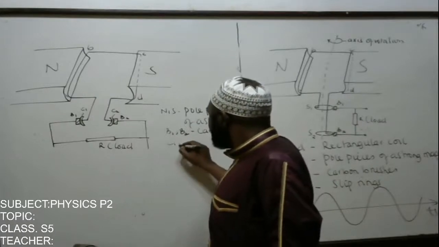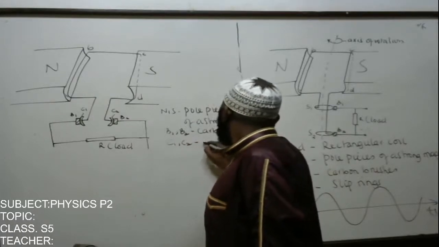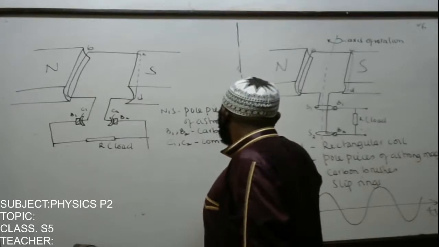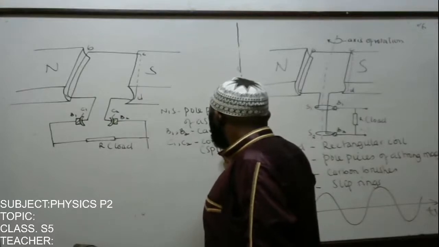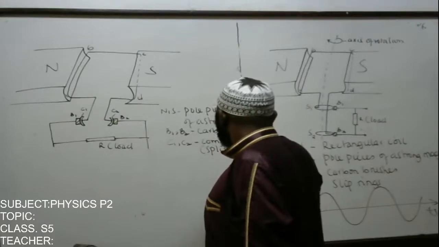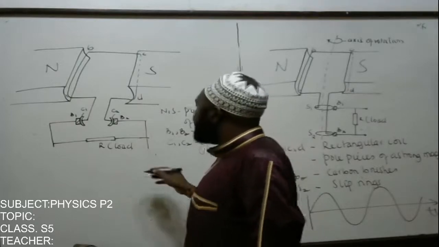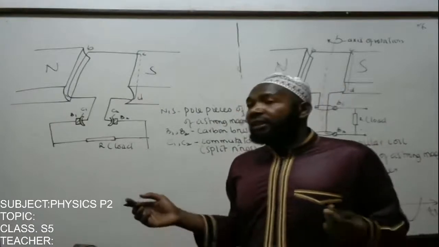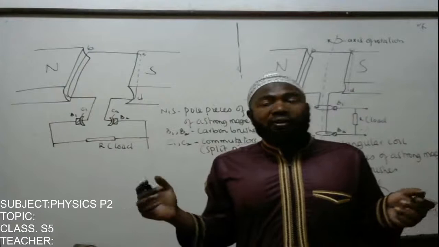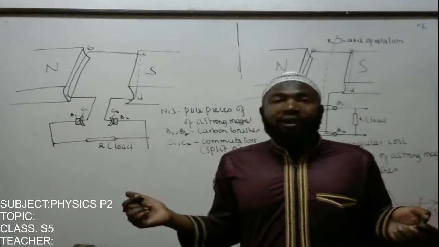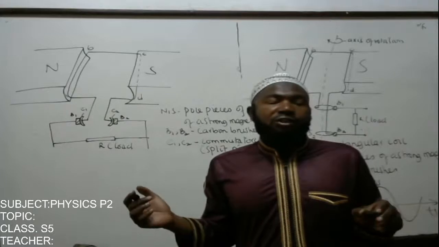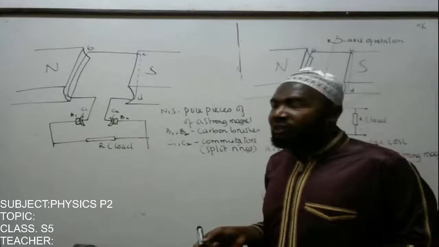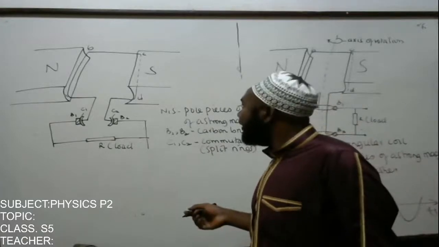Then C1, C2 are commutators, or what we call split rings. And then R is the load. The load could be any gadget. It could be a voltmeter, an ammeter, a galvanometer, a bulb, a torch, a radio, or anything that is going to detect that an EMF has been induced. We'll call it load R.